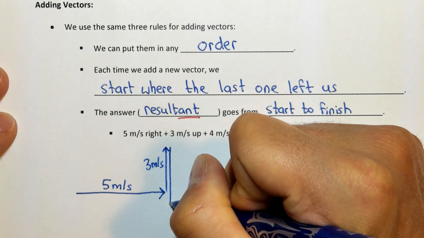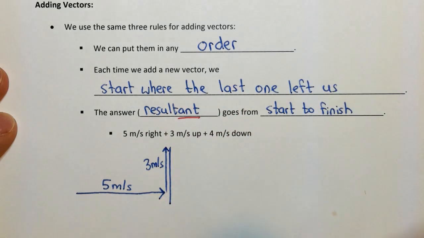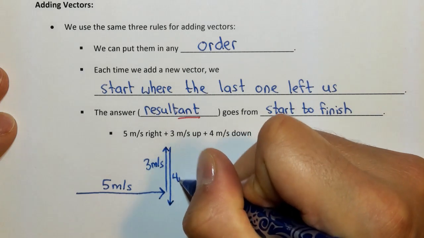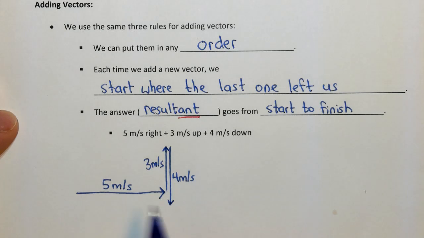And this one has a length of 4, so it should be longer than the 3, but not quite as long as the 5. Okay, so there are my 3 vectors added together, each one starting where the last one left us.